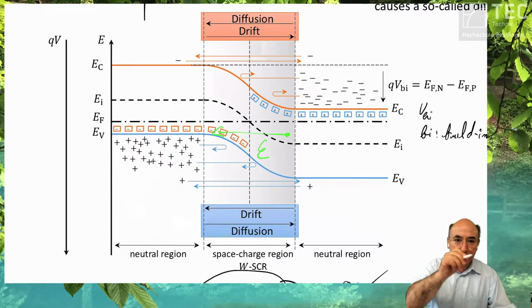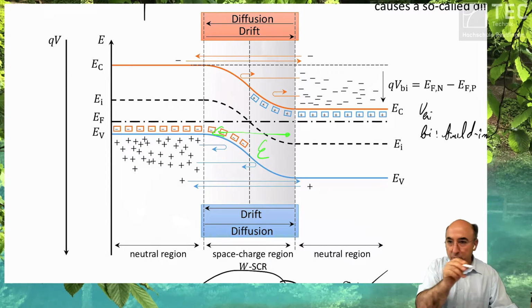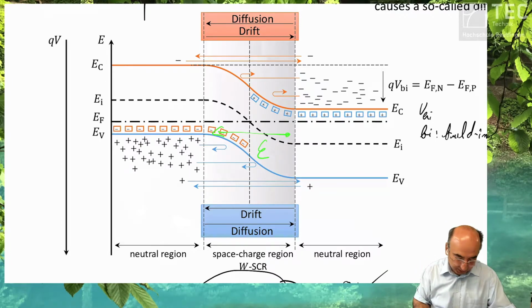You know this curvature, the reserve area, the exhausted area, and then the intrinsic area. So we are here where all implanted carriers are activated.